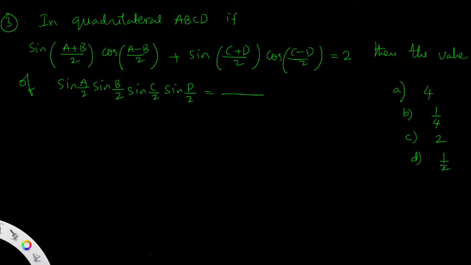So Pranav, Deepti, Pranav Sagar, Sarayu, how? Just think about this problem, how to solve this question. Sin (A plus B) by 2 cos (A minus B) by 2 into sin (C plus D) by 2 cos (C minus D) by 2 equal to 2. So how to solve the equation?